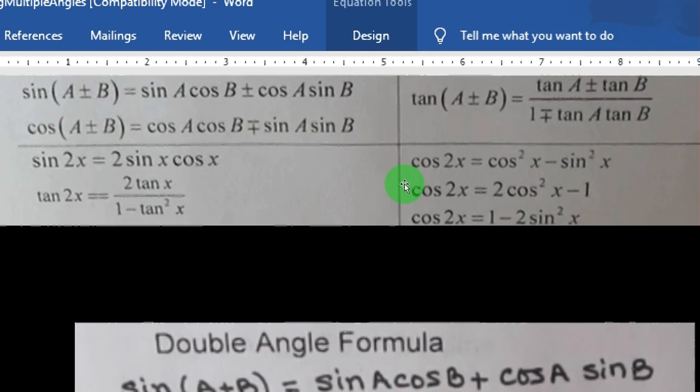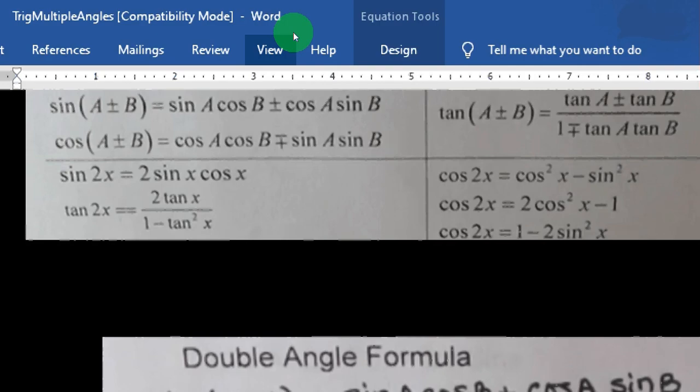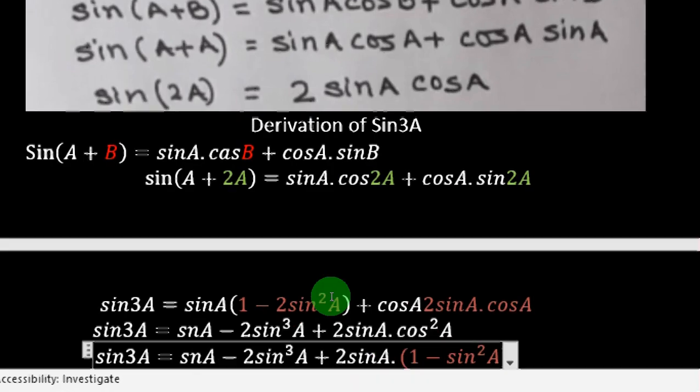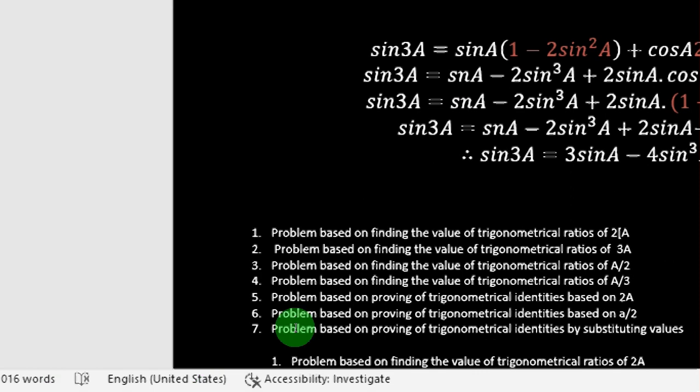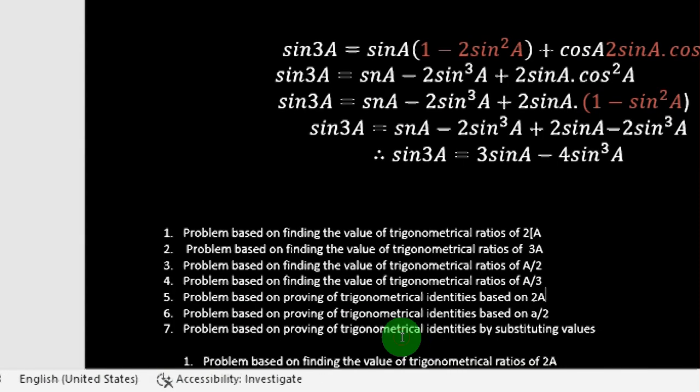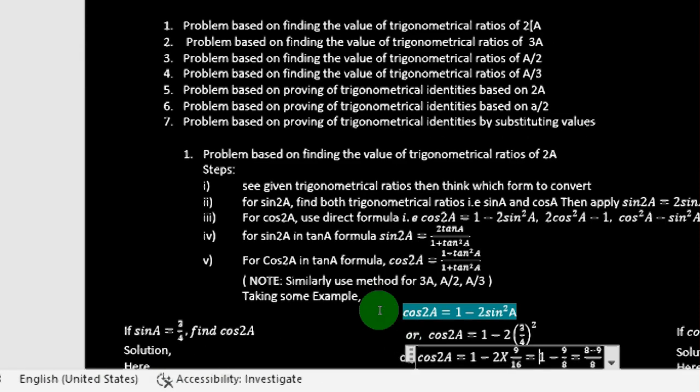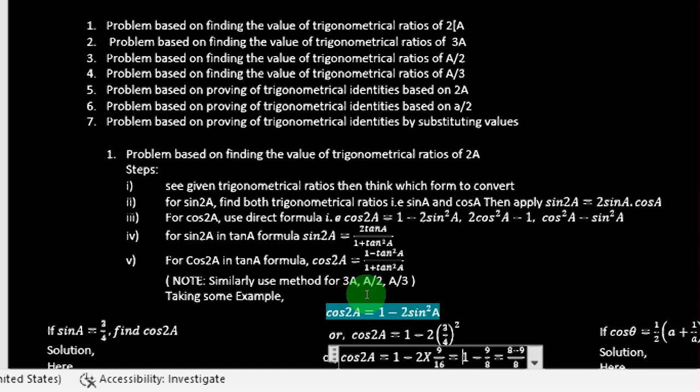In the same way other formats are also in the formula; on top we can see we have written the formula in different formats. So the first step is to think which form to convert to.